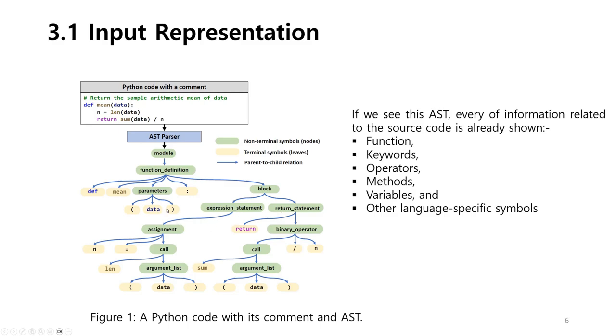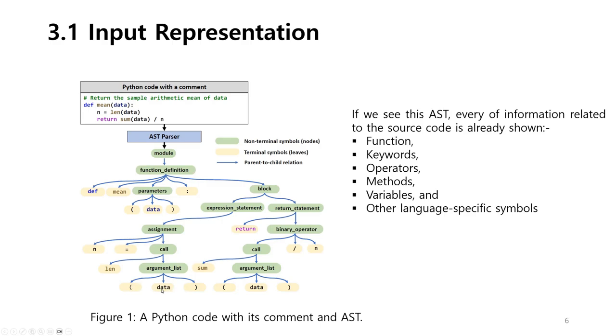So under expression statements, we do have assignment statements. Then we take the variable n, the assignment operator. Here also we do have a len method. So they assigned this node by call. They call the len. Then the argument list, actual arguments, which is having data.